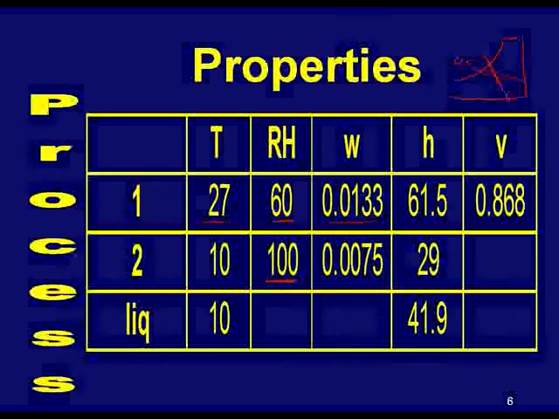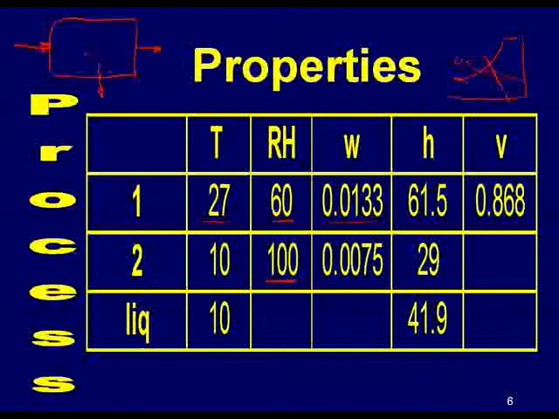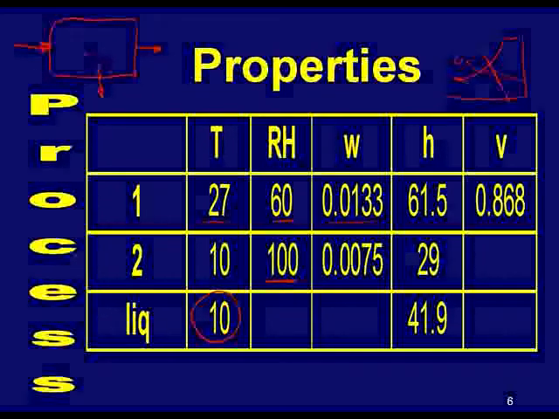It's saturated. We can find the H at state 2, and that will be 29. And then the liquid coming out of the evaporator. Let me draw a little sketch here. Here's the air coming in, air coming out, and then the condensate forms in little drops and comes out here. We said that was going to be 10 degrees for the liquid condensate.